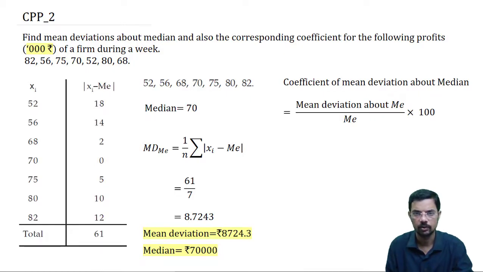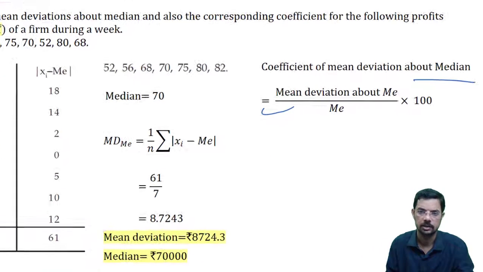Let us go on to the coefficient of mean deviation. Let us find the coefficient of mean deviation about the median for this question. It is given by the mean deviation about the median divided by the median, into 100. So we just put in the values: this value divided by the median, that much in thousands.